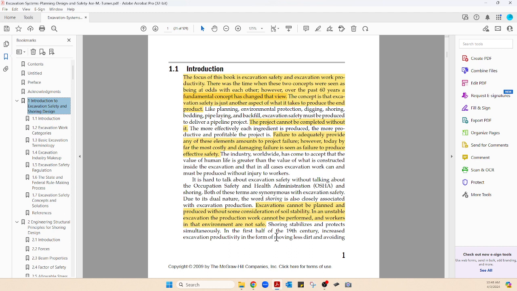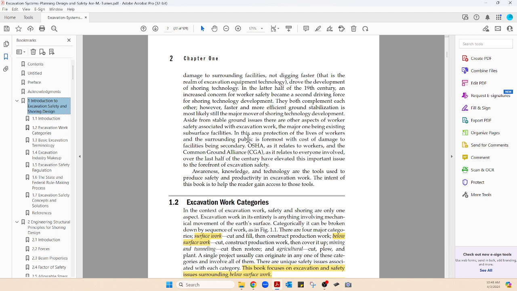So shoring stabilizes and protects simultaneously. In the first half of the 19th century, increase in excavation productivity in the form of moving less dirt and avoiding damage to surrounding facilities, not digging faster. That is the realm of excavation equipment technology.